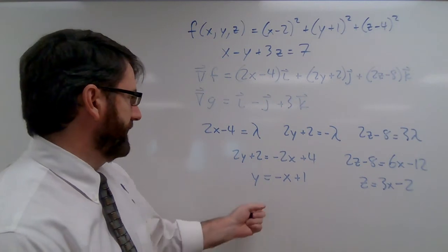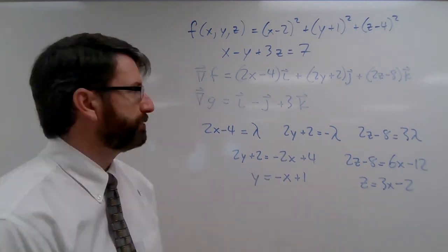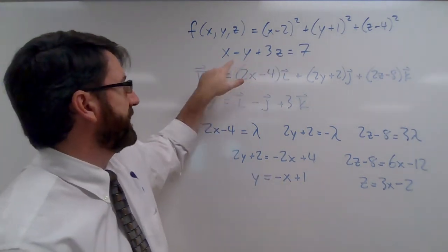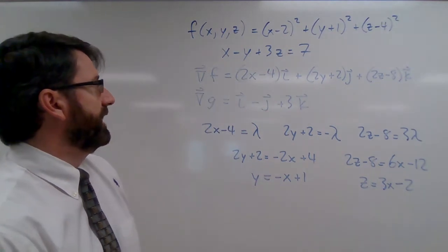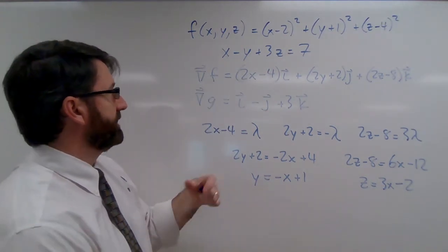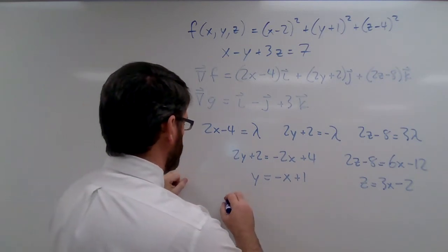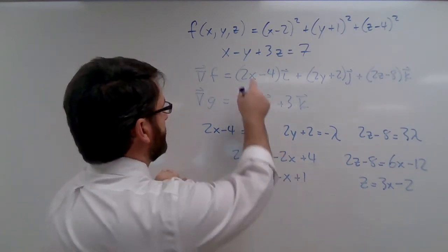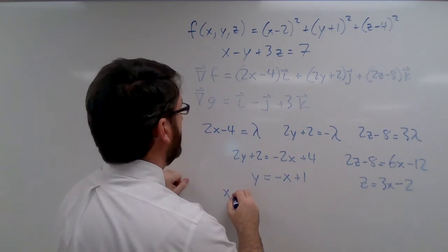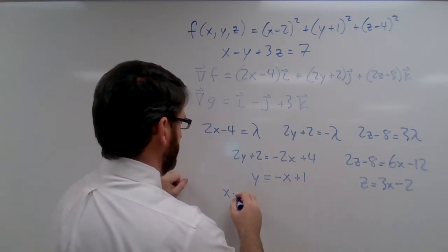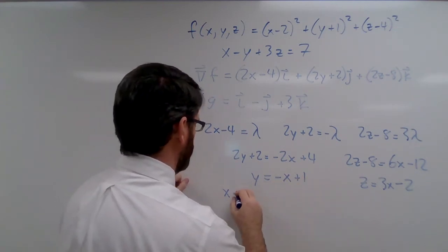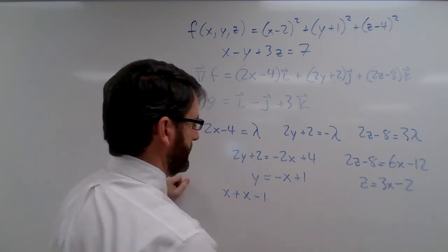All right, and now we can plug these into this constraint here and figure out what x, y, and z are going to be. So if we plug in this for y, we get x minus that. So let's distribute that negative. So that's going to be plus x minus 1.